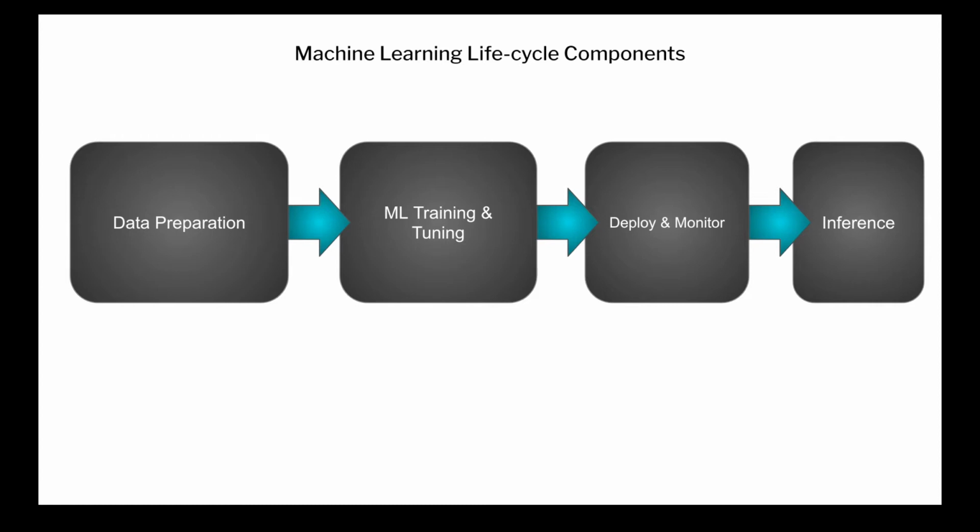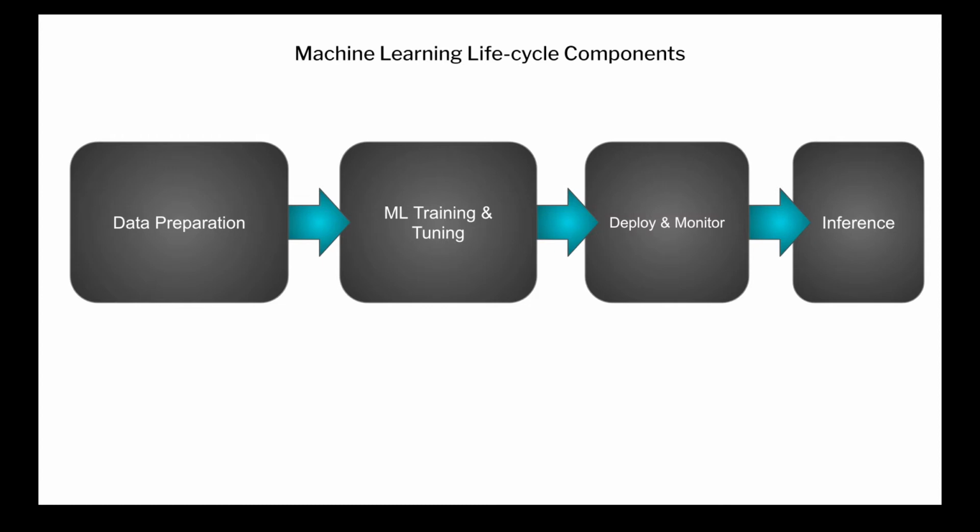It means your data is machine learning ready and now it can be used for machine learning training. The second component is machine learning training. In this stage, we build a machine learning model using the machine learning ready data. We fine tune our model, and the output of this second component is your machine learning model.